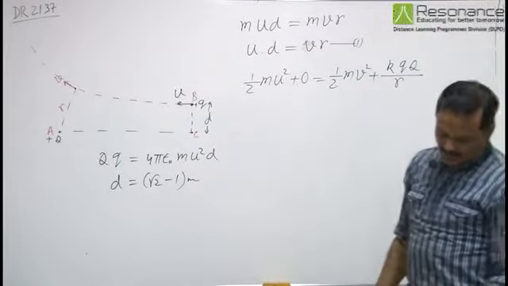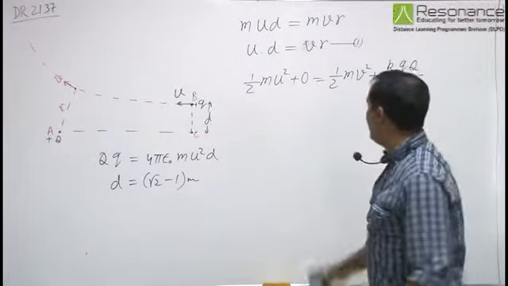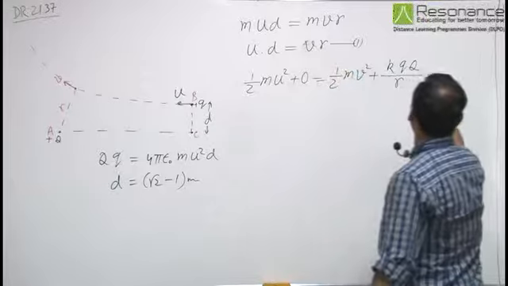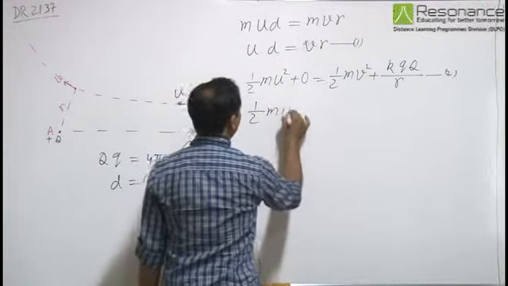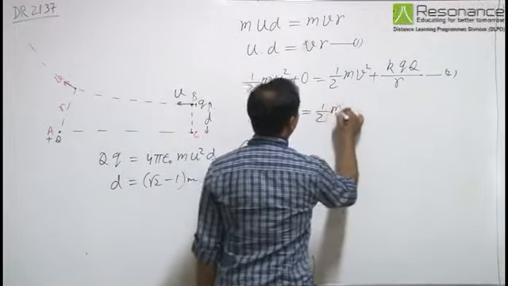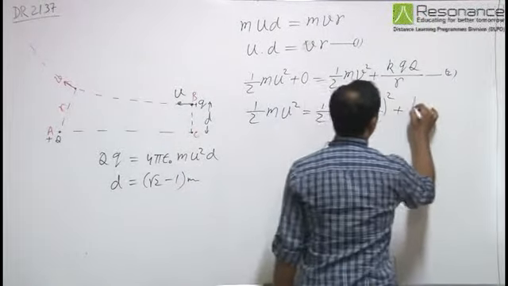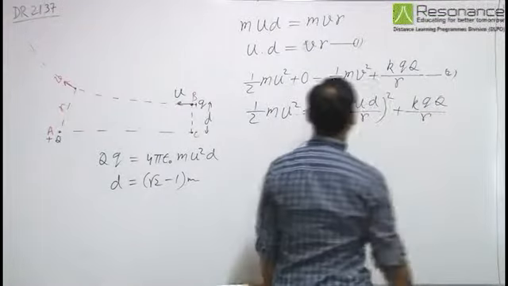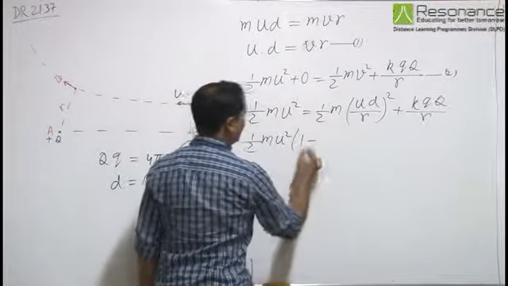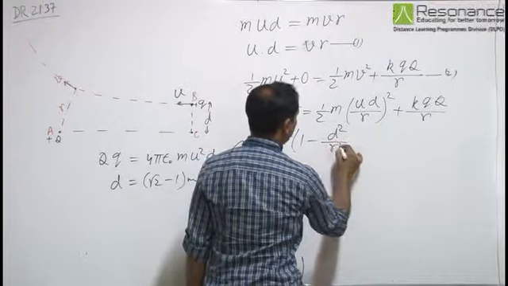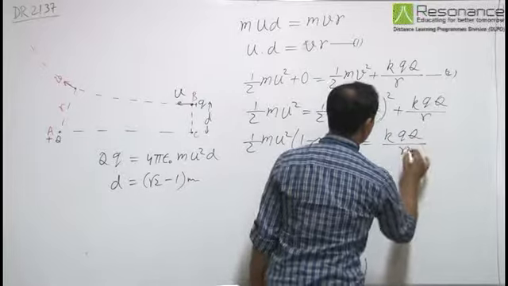Now we need to find the value of the minimum separation, that is we need to find the value of r. So if I put the value of v from equation 1 into equation 2, I can write half m u square is equal to half m, v is u d by r, square, plus k Q q by r. So from here we can write half m u square into 1 minus d square by r square is equal to k Q q by r.